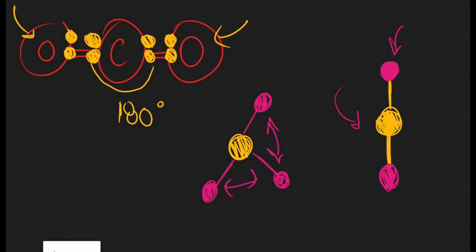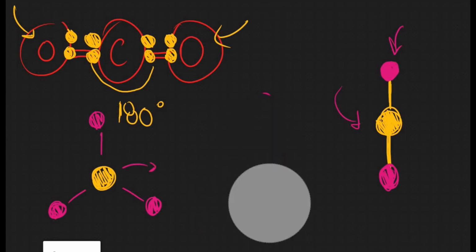So we'll end up with what we call a trigonal planar structure, basically a flat three-pointed structure. So looking a bit like this, and we say that this is trigonal planar. Let me move this around a bit, that looks a bit better. So this is trigonal planar.